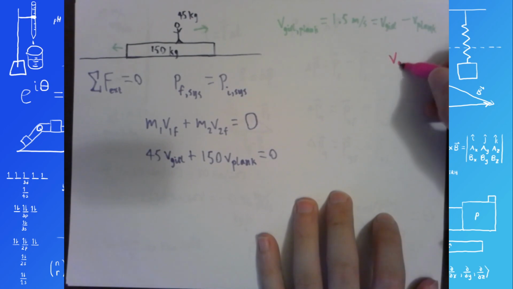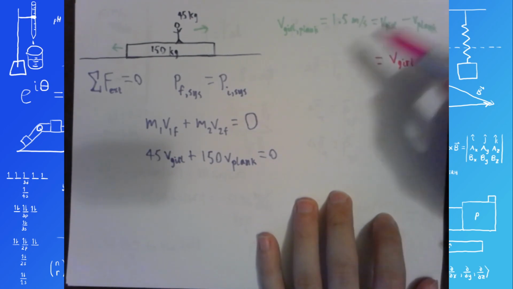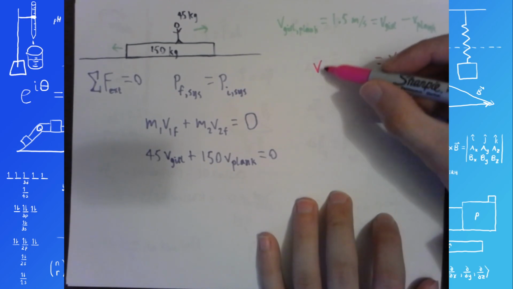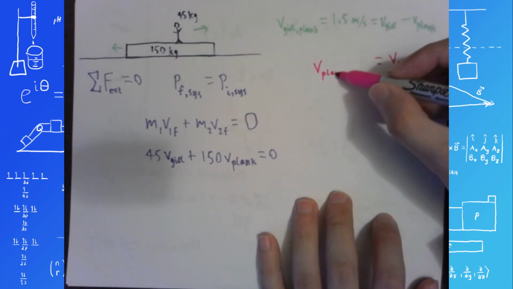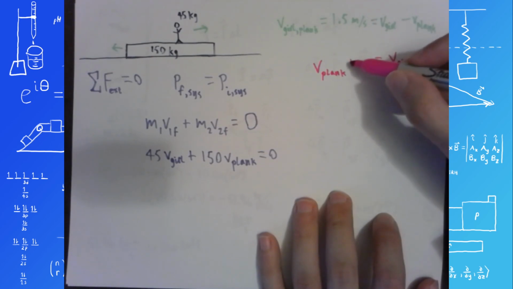I'm going to have V girl equals, I'm going to add V plank to both sides, equals V plank plus 1.5.